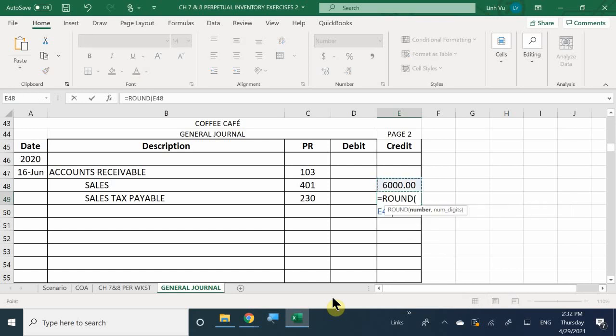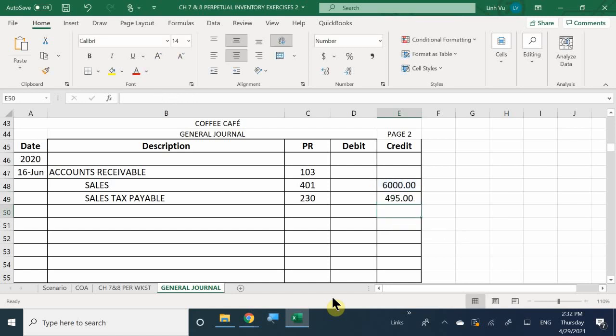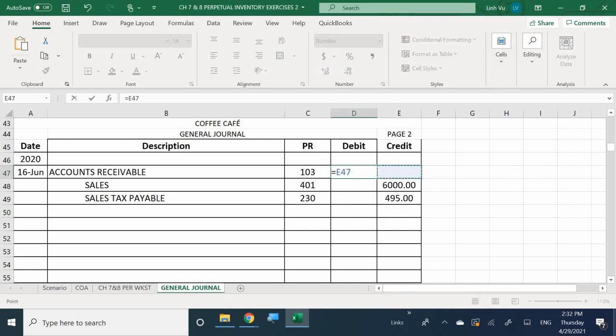So how do I figure out how much tax to charge? Mm-hmm. 2,495. Mm-hmm. And then it would be 64.95. Perfect, right? That is how much customer B is going to owe me.